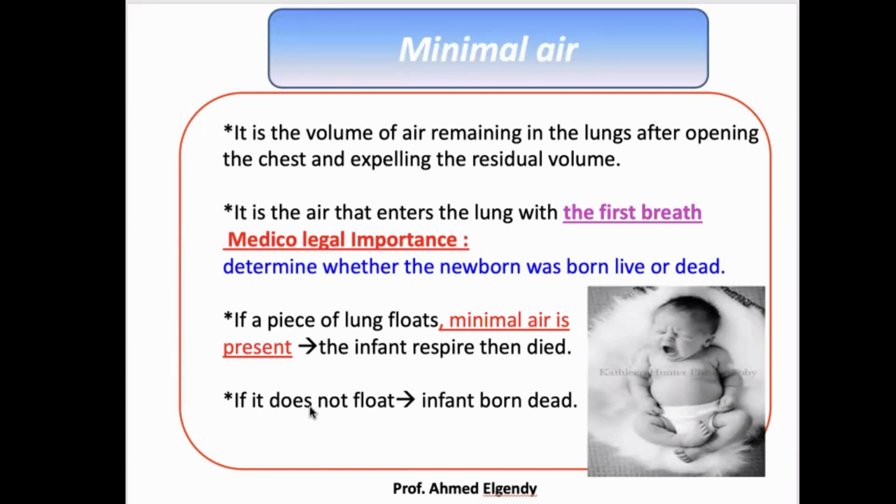And if this piece of lung does not float, that means the infant was born dead. You see how you can differentiate whether the baby was alive or dead when he was born. So you can differentiate in this way. It's clear?